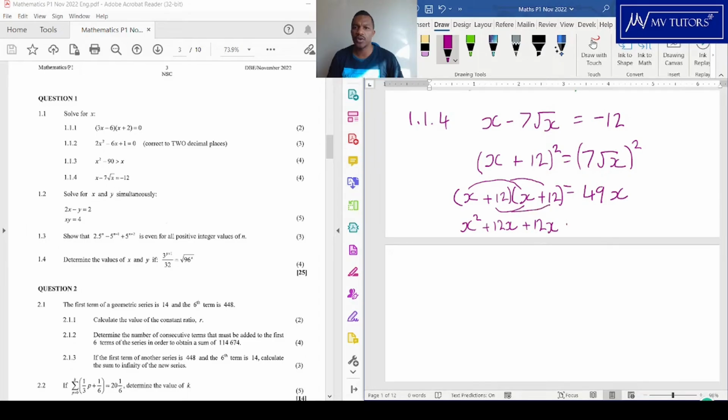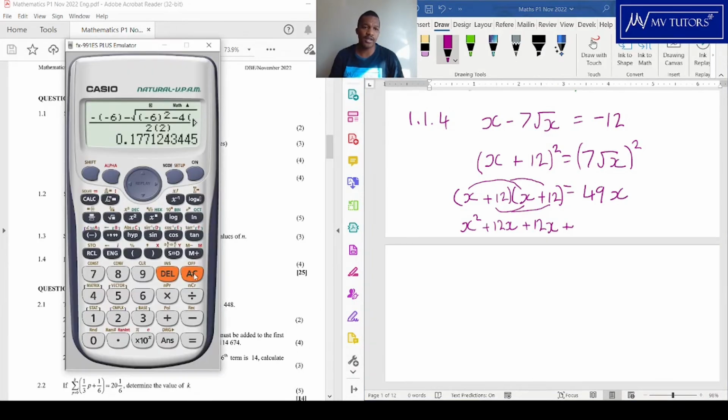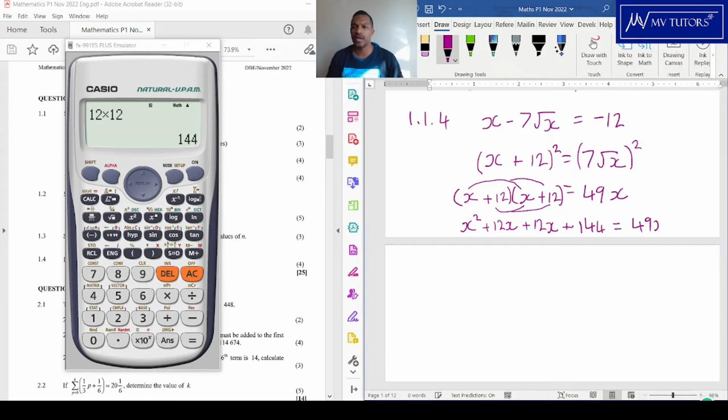What is 12 times 12? At this point, I do need a calculator. I forgot what 12 times 12 is, but I'm pretty sure it's an easy number. 144. Okay, now I want to bring the minus 49 over; let me leave it this side. Now I'm going to have x squared, 12 plus 12, minus 49. I want to bring it this side now.